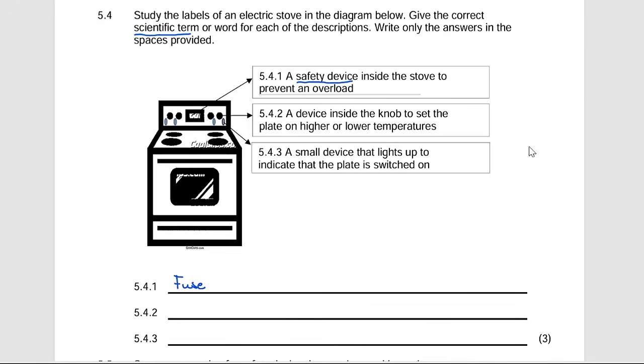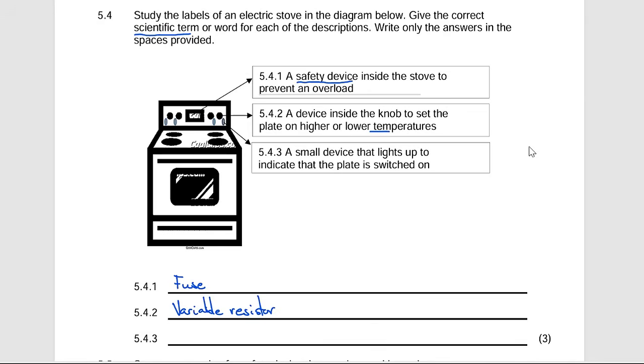Then 5.4.2, it says a device inside the knob to set the plate on high or low temperatures. It means here is going to be a variable resistor. It's the one used as a device inside the knob to set the plate to higher or lower temperatures.